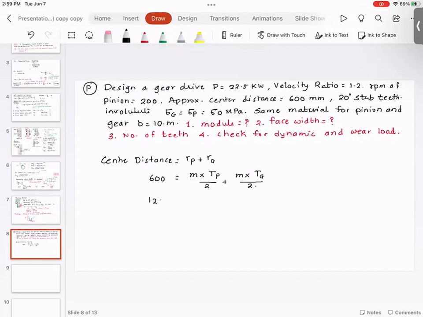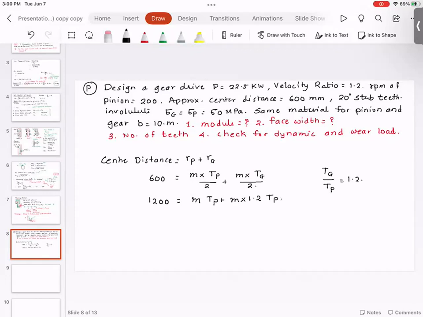So 1200 is equal to M times TP plus, as you know, the velocity ratio is 1.2. So TG divided by TP is equal to 1.2. So M times 1.2 TP.